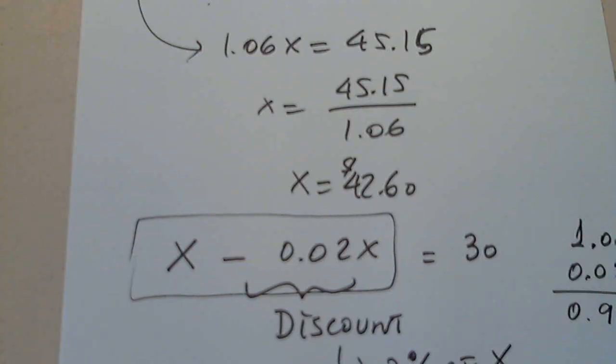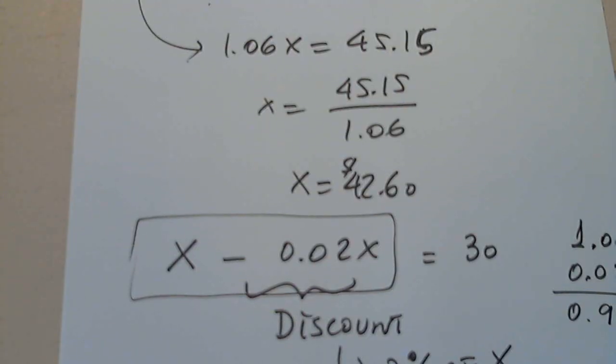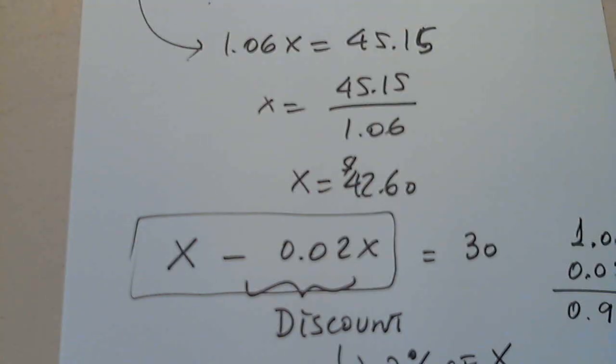And we have 30 divided by 0.98. And we end up with $30.61. So the original price was $30.61.